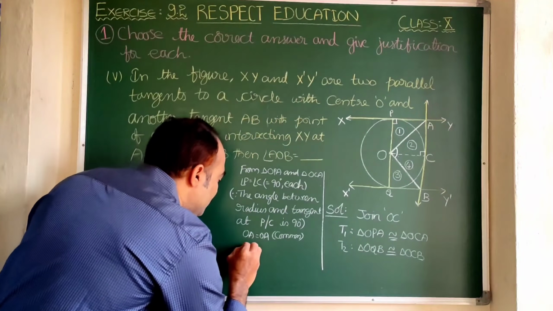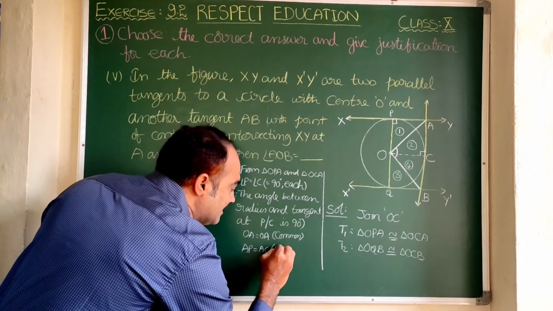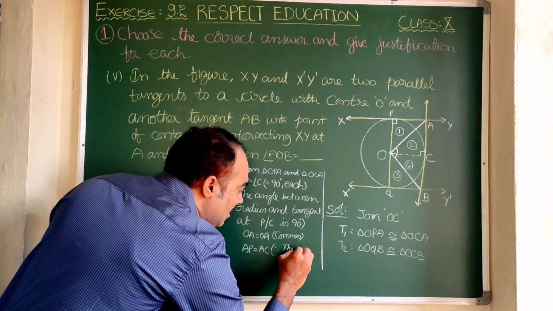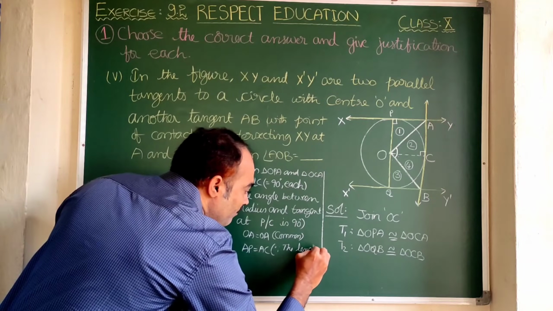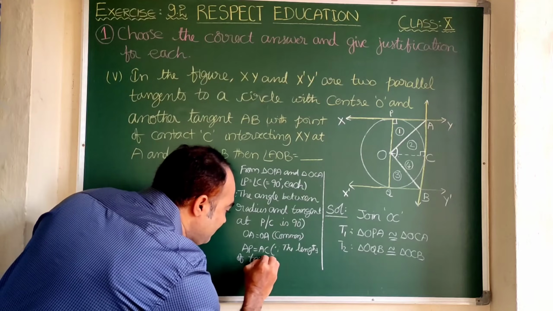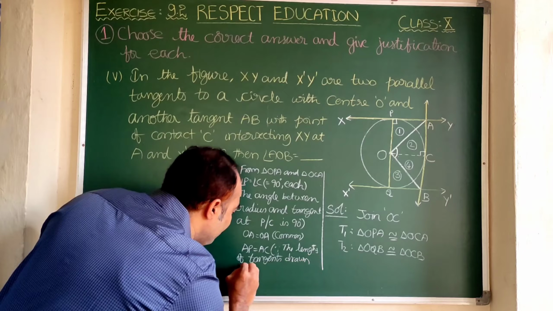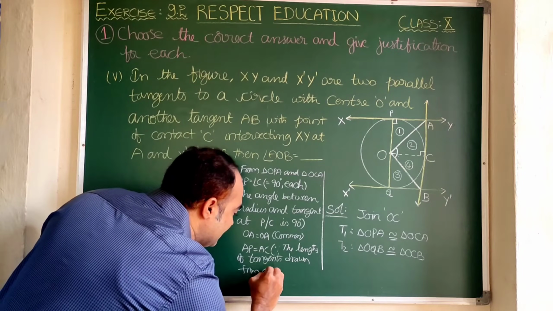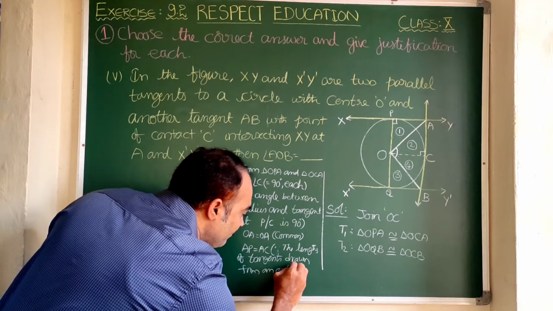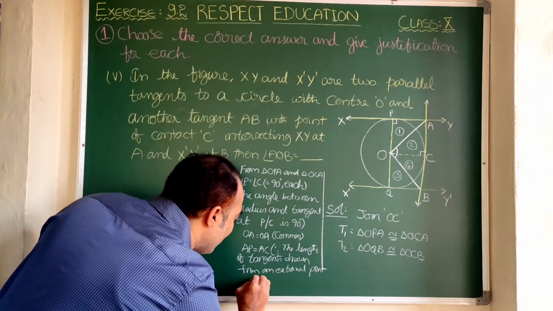Let us note it down here. AP is equal to AC. The reason is that the lengths of tangents drawn from an external point are equal, right?